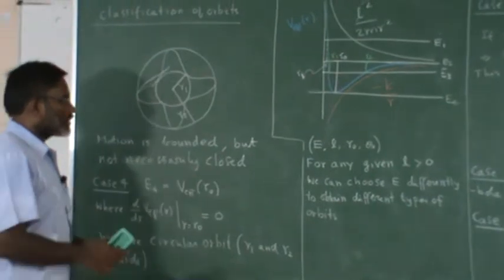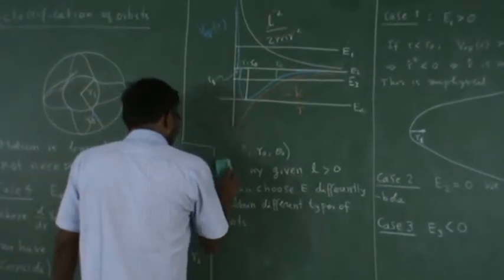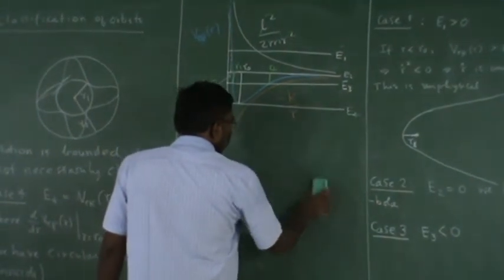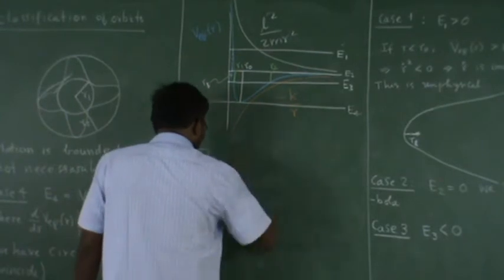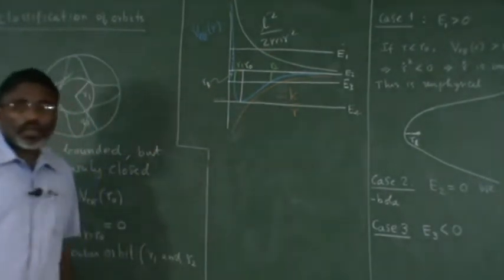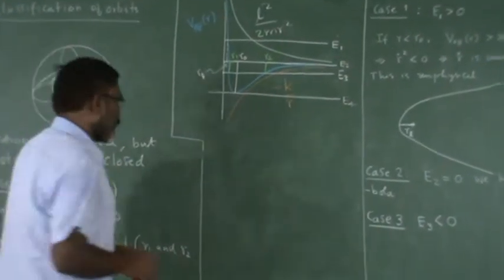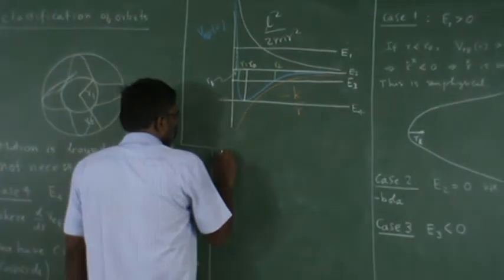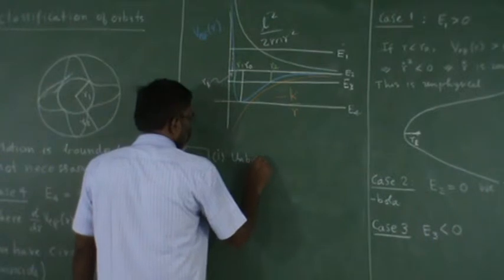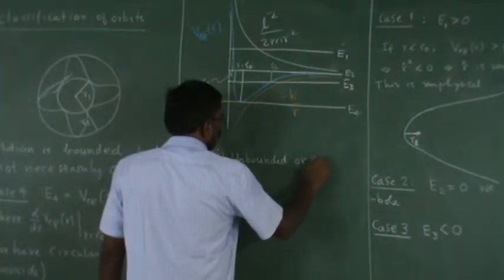Okay, so now this classification of orbits into unbounded orbits, bounded orbits, and circular orbits. As of now, I am not calling which is hyperbola, parabola, etc. So there are 3 classes. One is unbounded, or scattering orbits.